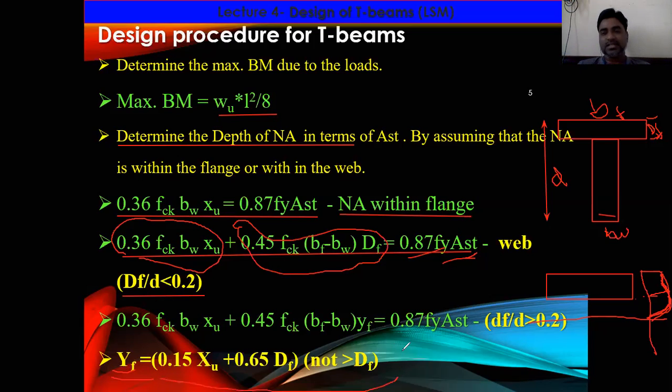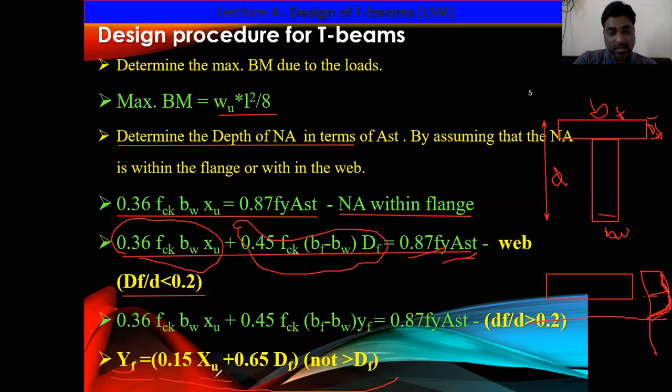What is modified thickness of flange? That means we are determining the thickness, and we are assuming that within this modified thickness, the stress is uniform, right? So that is why you need to determine the modified thickness of flange from this equation.